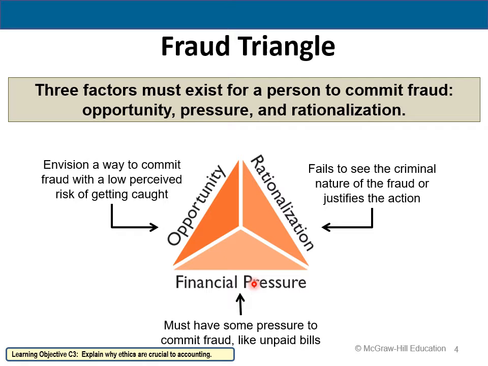I've got tuition bills. It can be unplanned illness, medical bills. All right, those are examples of financial pressure. And so the reality is that when at least two of these are present, fraud is more likely to occur. And when all three are present, fraud is even more likely to occur.